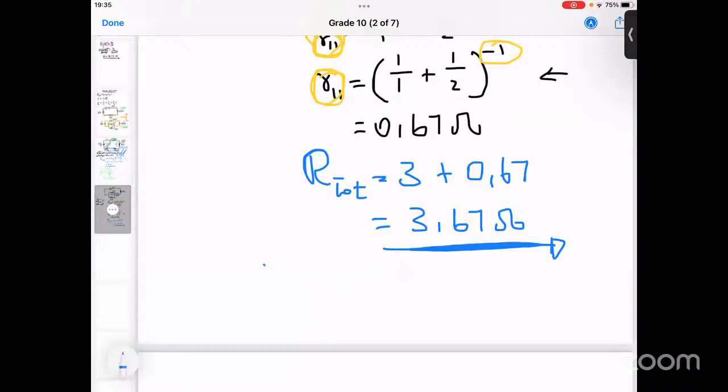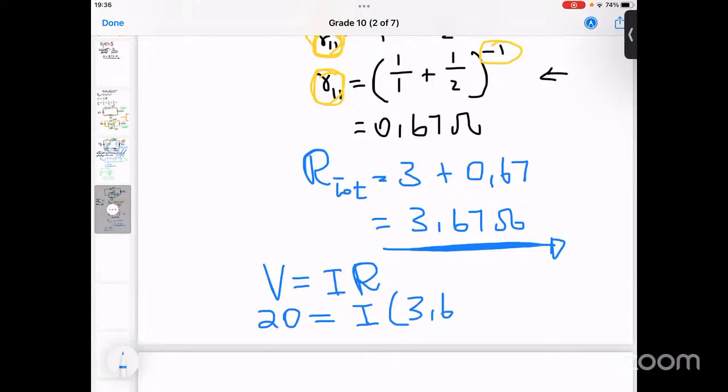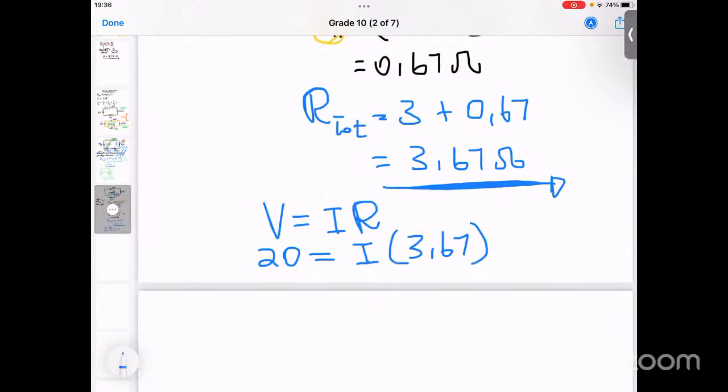So that means we have the formula that says V = IR. V, we know, equals 20 volts. What is I? I is what we are looking for. And then what is R? We just calculated it to be that. So now you're just going to divide both sides by that 3.67, so that cancels with that.